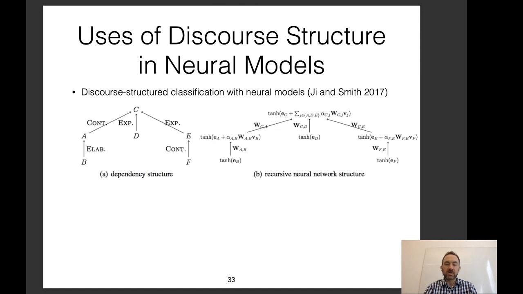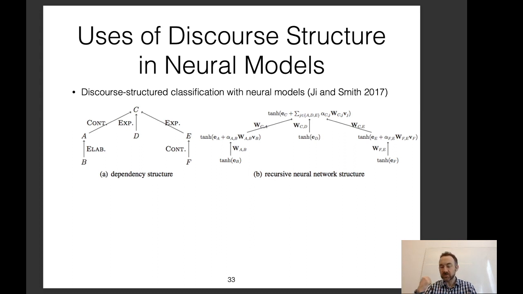I found this a very interesting paper because essentially what it does is it first calculates the discourse structure of long documents and then uses this discourse structure to provide an inductive bias, upweighting the importance of particular discourse structures.